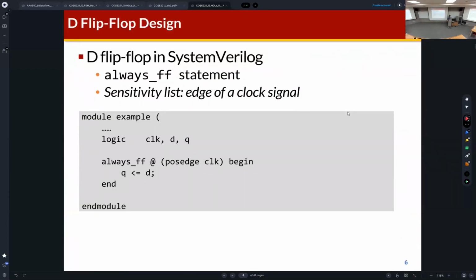And then we also already know how to implement the flip-flop. At the positive edge of the clock, Q becomes D. So it is edge sensitive. And as I mentioned, we can use arrays.